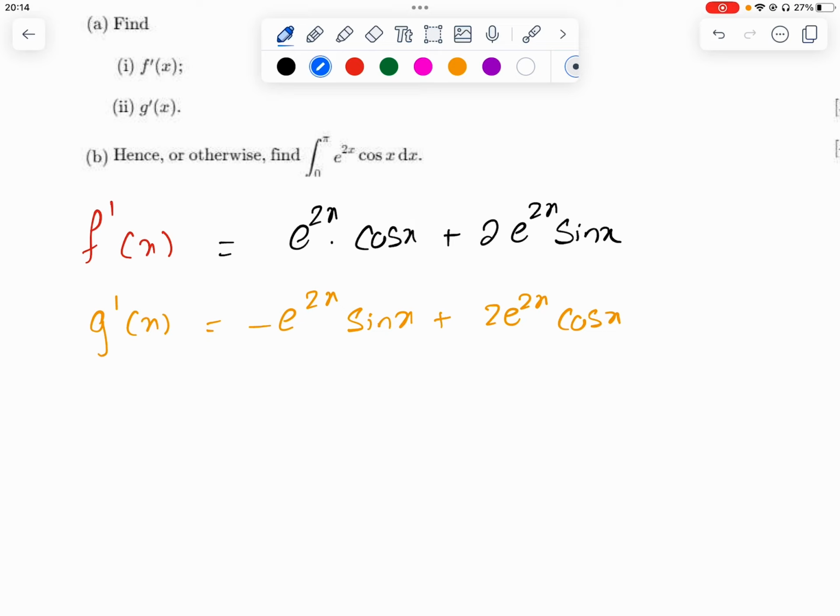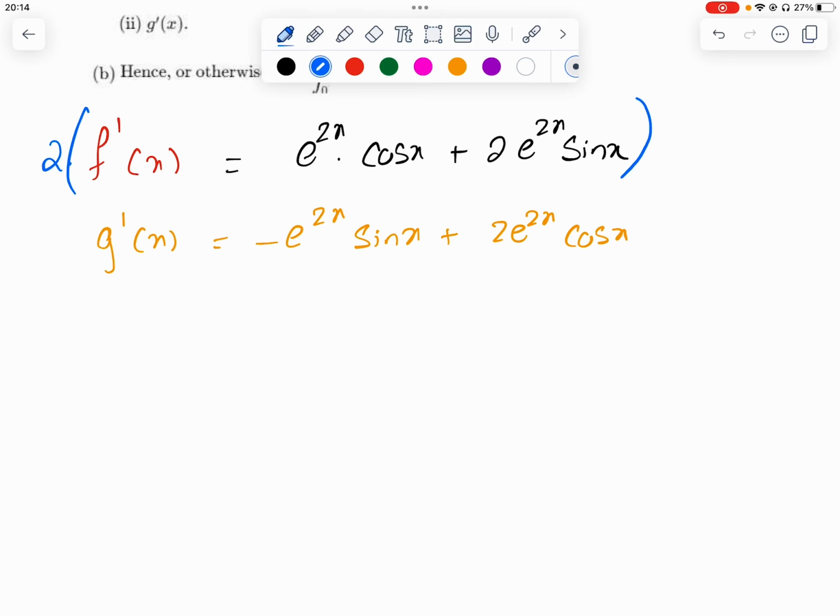I am going to multiply this one with 2. So 2f prime x equals 2 e power 2x cos x plus 4 e power 2x sin x.